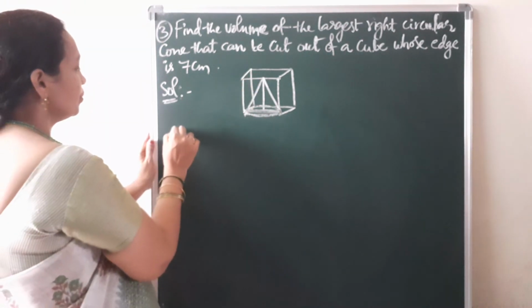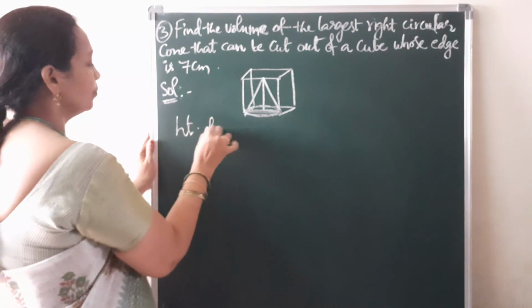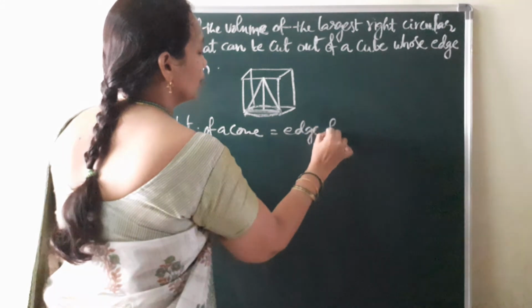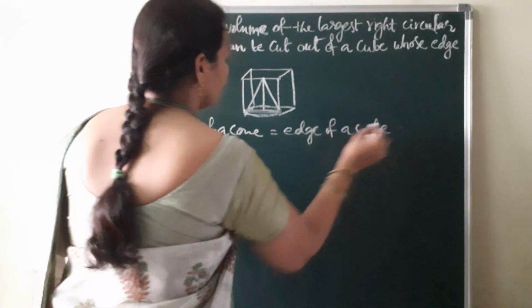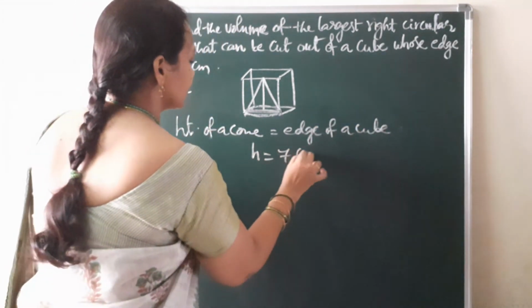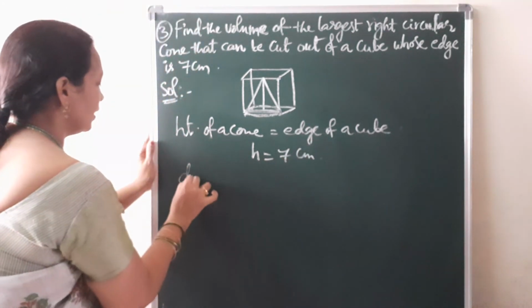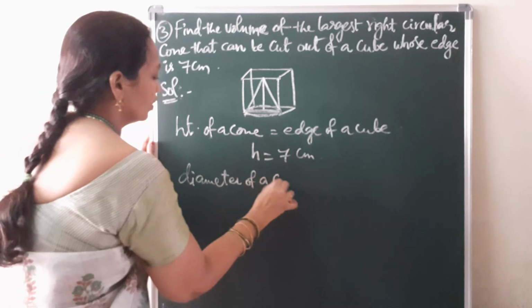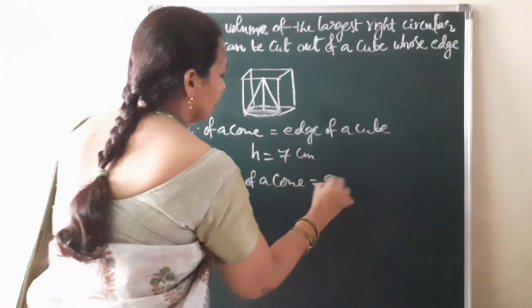Okay. So, height of a cone is equal to edge of a cube. So h is equal to 7 centimeters. And next, diameter of a cone is equal to edge of a cube.